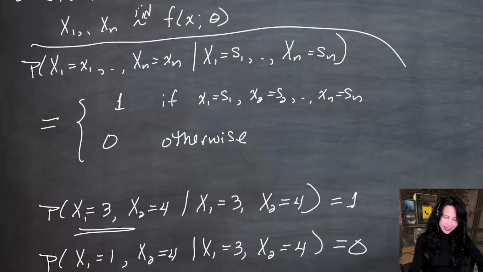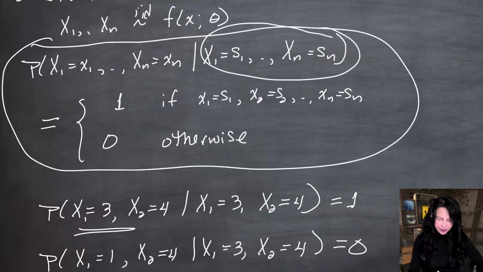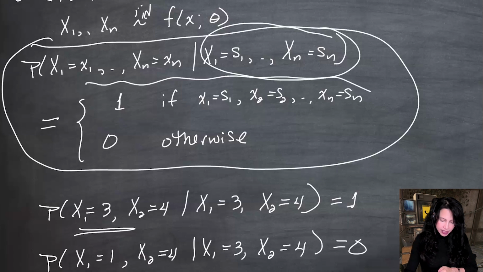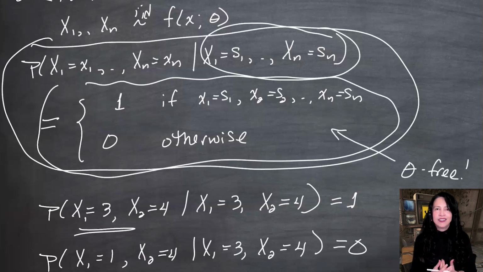So this is how you formally prove that given all of the values that have been fixed for you in the data, that's always going to be a sufficient statistic. It's an n-dimensional statistic, but this is theta free. Doesn't depend on theta. So that's how you prove that having all the data is sufficient.